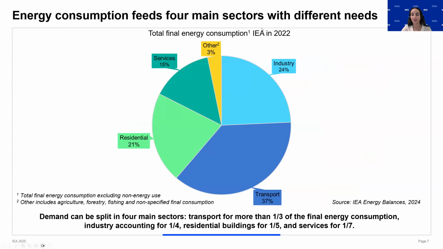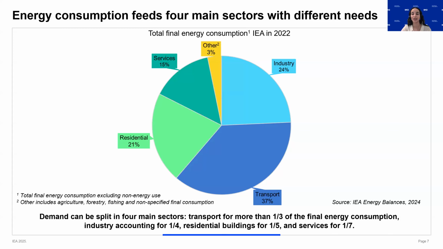In the IEA countries, transport is the most consuming sector, with more than a third of the consumption. But the remaining sectors contribute a significant percentage to the total final energy consumption. For example, industry represents 24%, and residential and services buildings represent about 20% and 15% respectively.